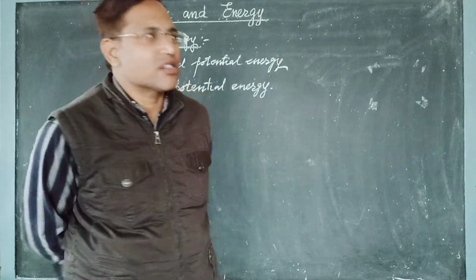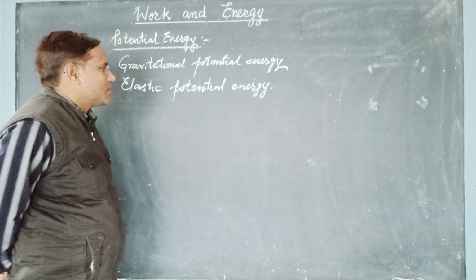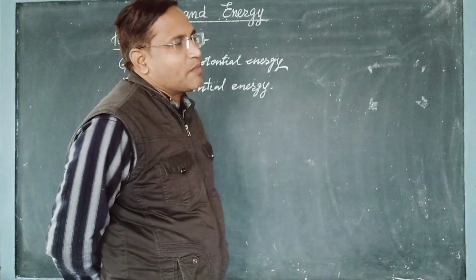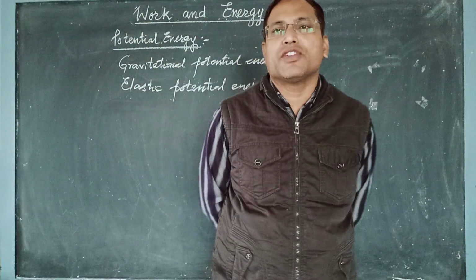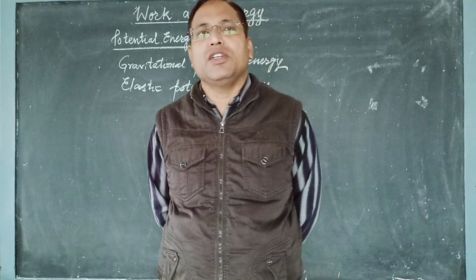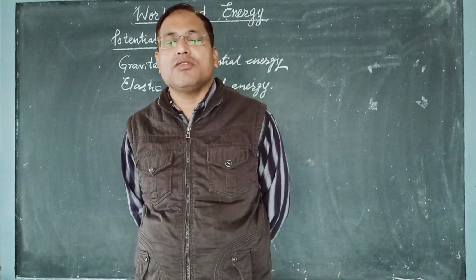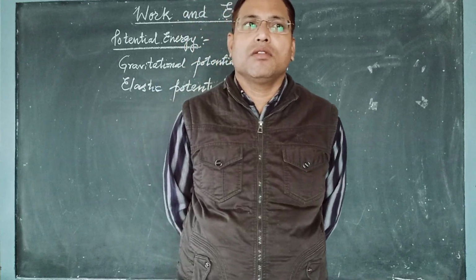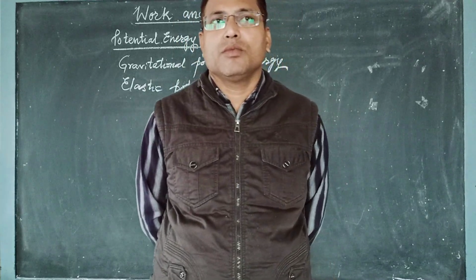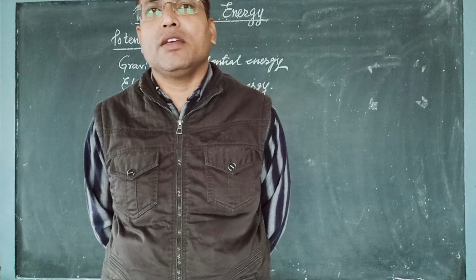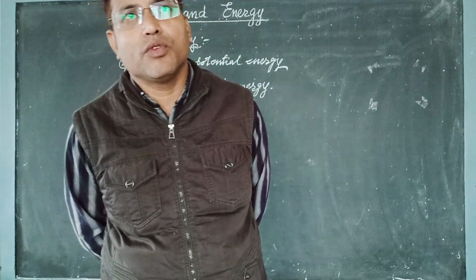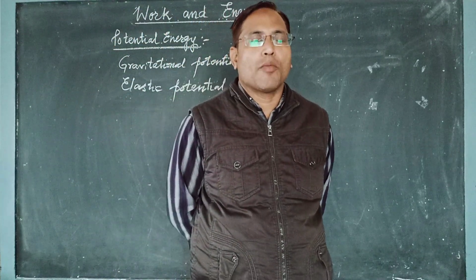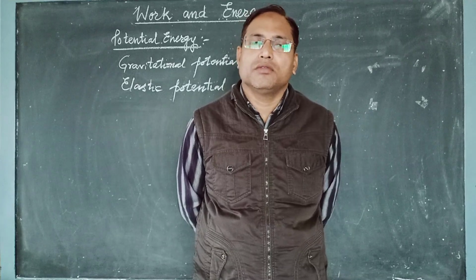Now we have elastic potential energy. What is this elastic potential energy? This is such a type of potential energy that will make a change in the shape and size of the body, maybe because of twisting, compressing, or stretching.